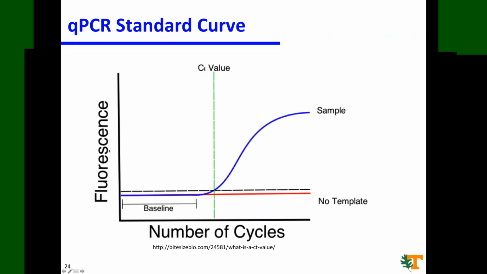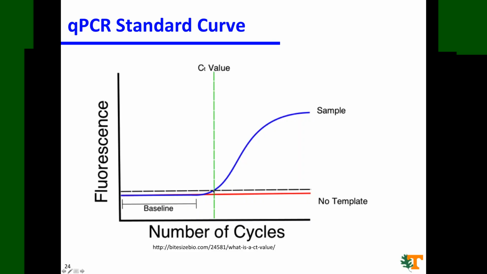So this is briefly how this works. You measure fluorescence. The instrument does it for you. These are the cycles in your PCR tube. At a certain cycle threshold, this is a certain number of cycles, the fluorescence passes a certain threshold indicated by this dashed line here. That's called the CT value, and this is what you record.